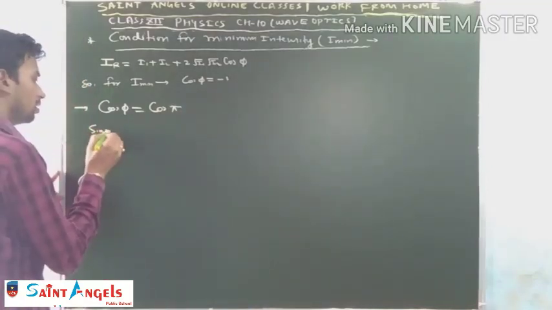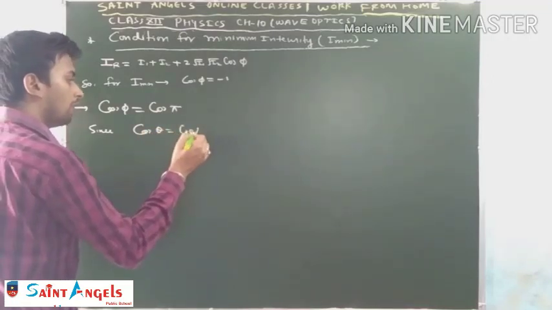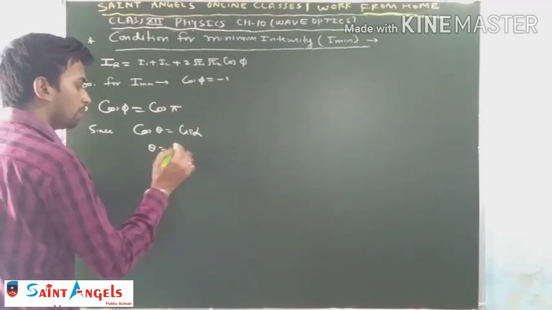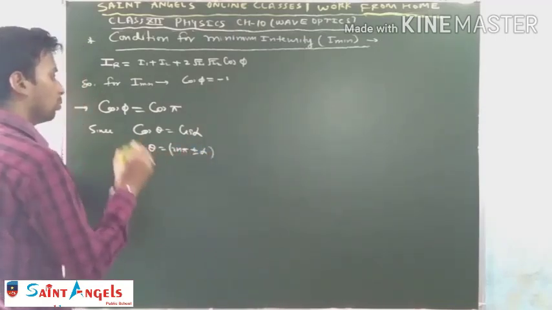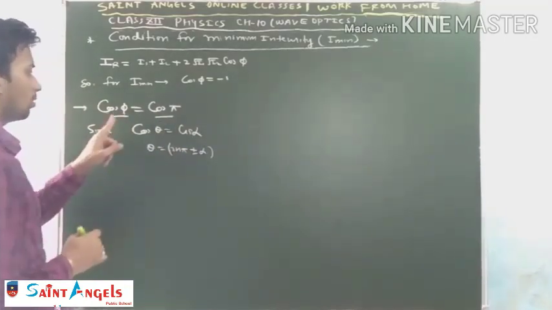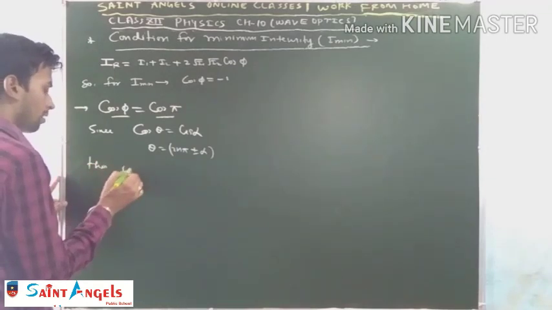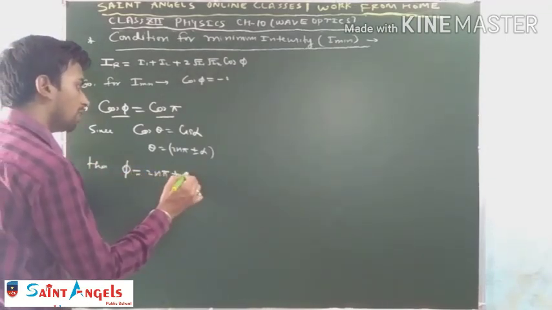Since we know that if cos theta equals cos alpha, then the general solution of theta is 2n pi plus minus alpha. So comparing this equation, cos phi equals cos pi, then phi equals 2n pi plus minus pi.